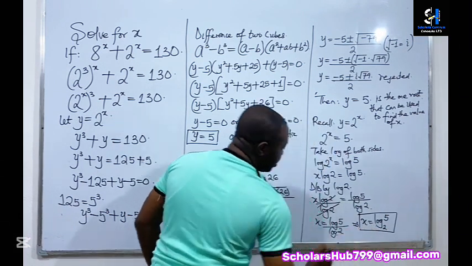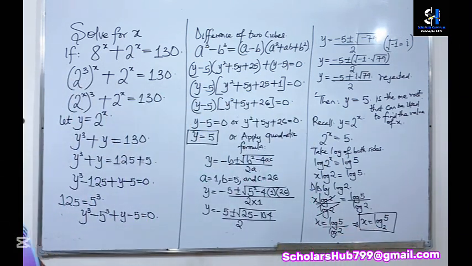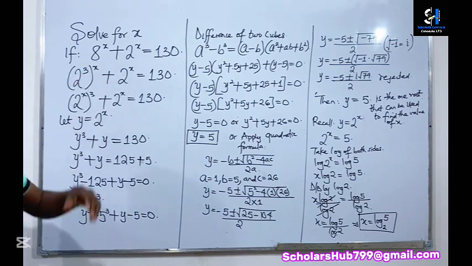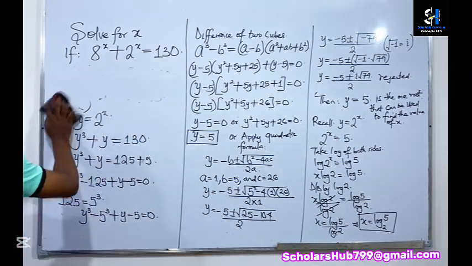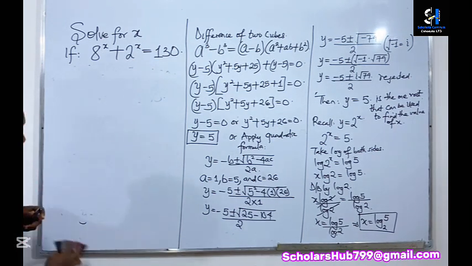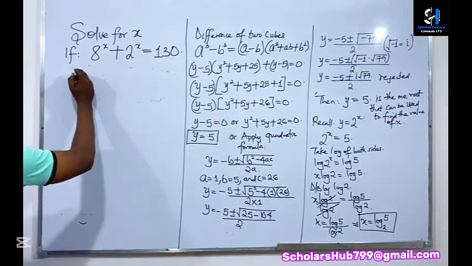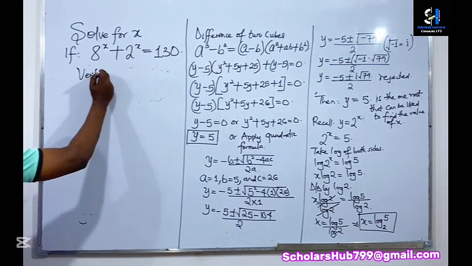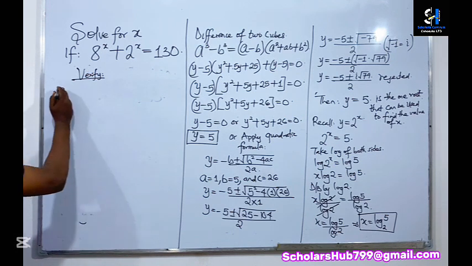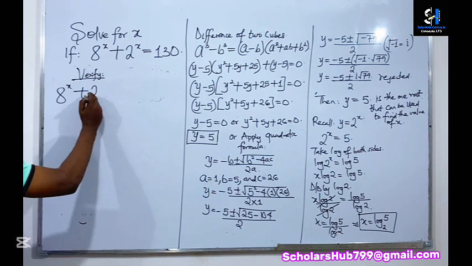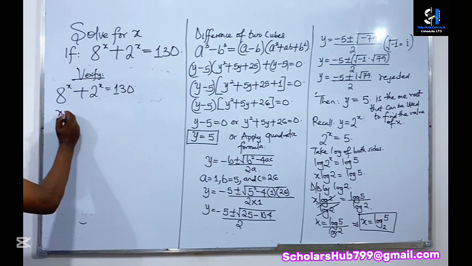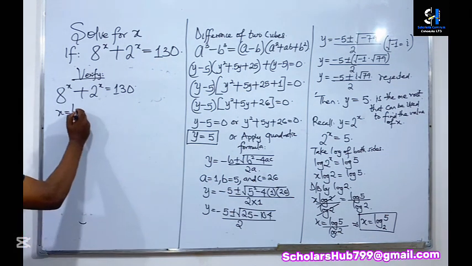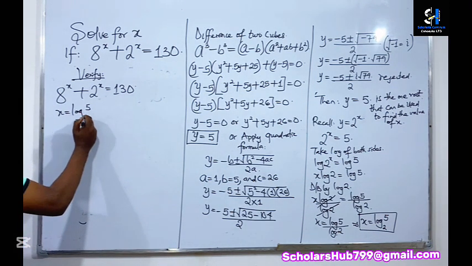So this is the only solution to this question. Now we can also verify our answer. Let's verify. So we have 8 exponent x plus 2 exponent x equals 130. Now we have here that x equals log 5 to base 2.